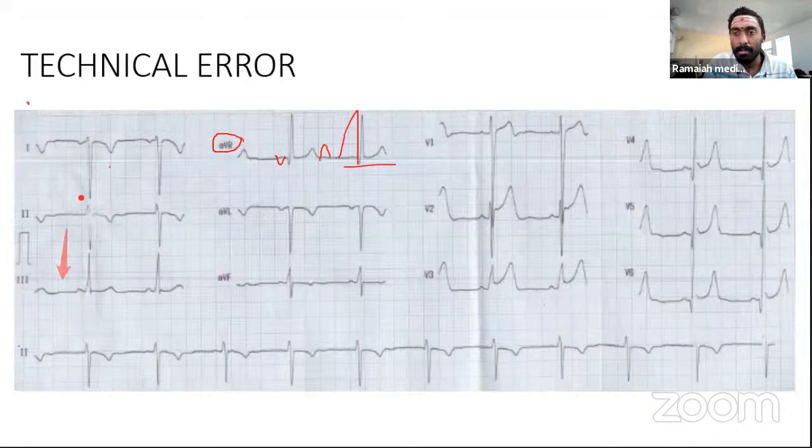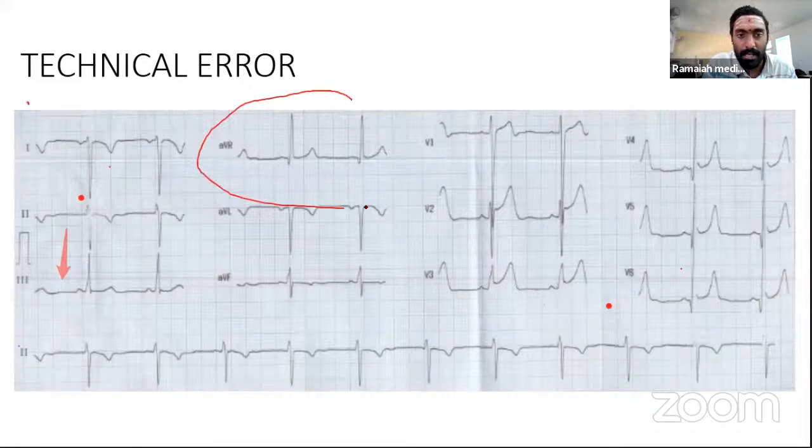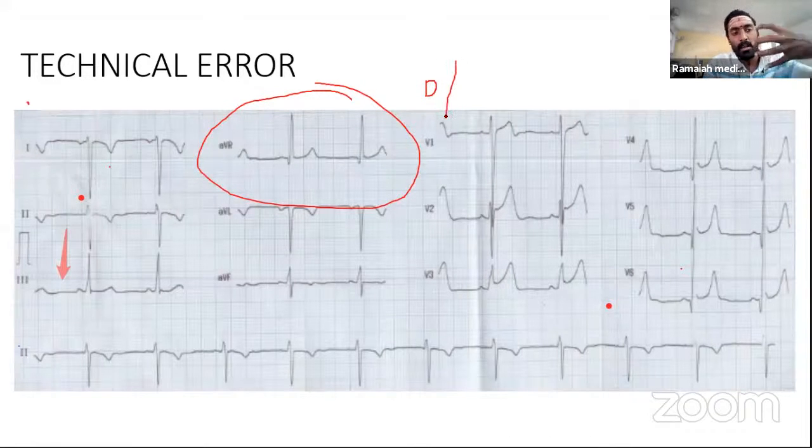That means the activity is going towards AVR, which is not physiologic. Whenever you see this scenario, two possibilities are there. One is a true dextrocardia, where the patient has the heart towards the right. Or it is a left arm, right arm swap.